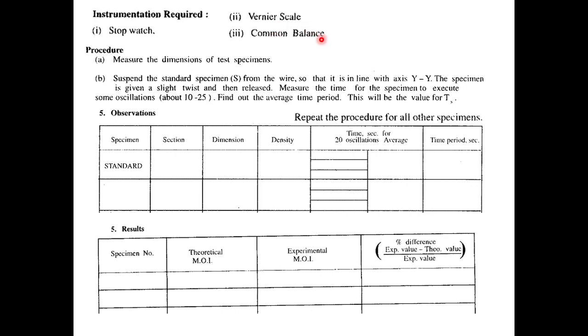So ideally this should be done, whether the unknown specimen and the standard specimen have the same material density or not, that we should check. The material of the standard specimen is perspex. Okay. So that perspex has various different grades, so that way there might be some variation in density.